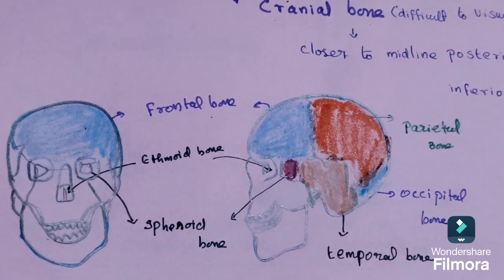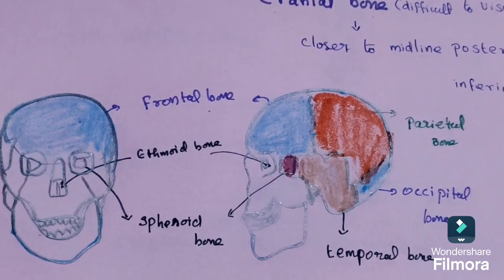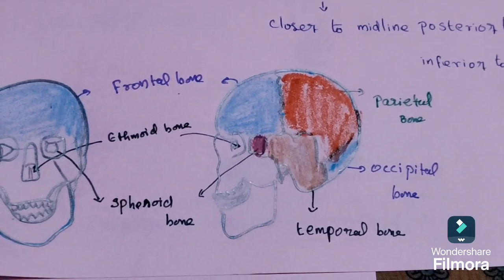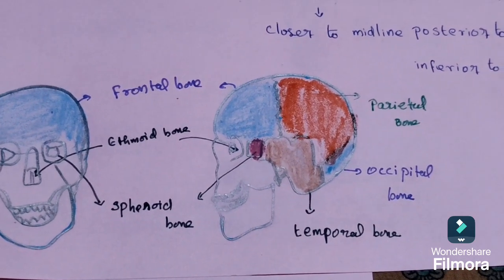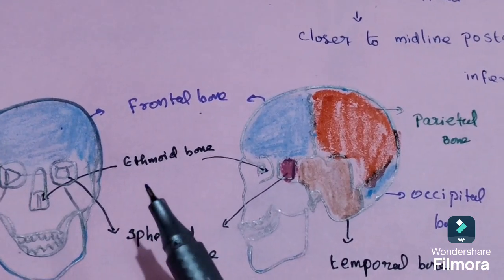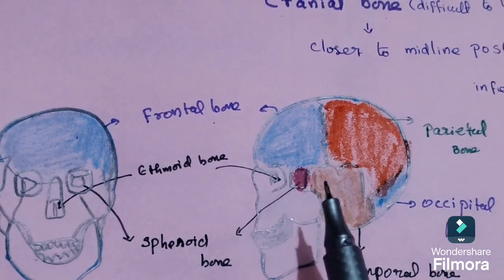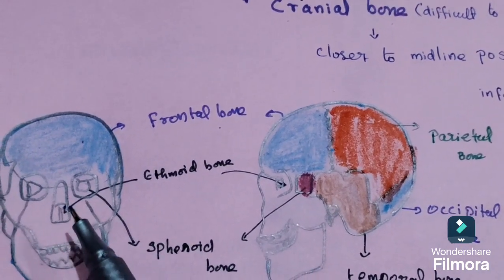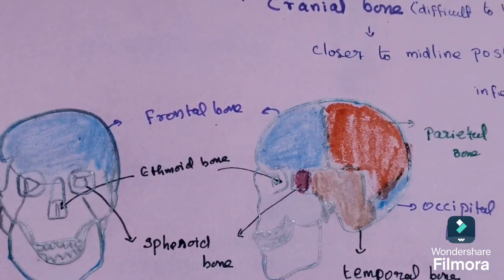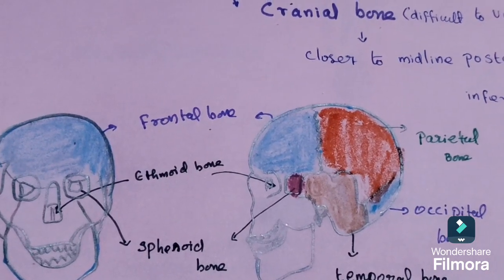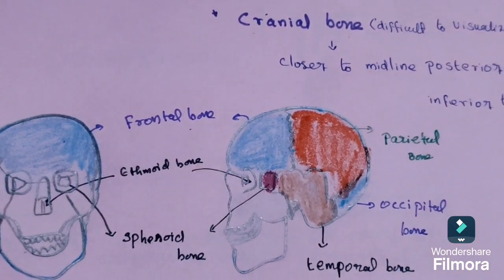The final cranial bone, which is a bit more difficult, is the ethmoid bone, which is closer to the midline, posterior to the nose and inferior to the frontal bone.